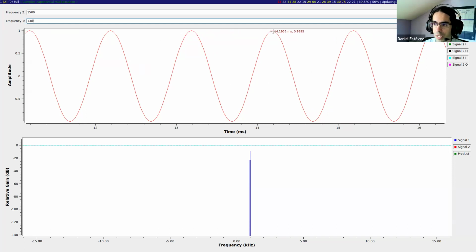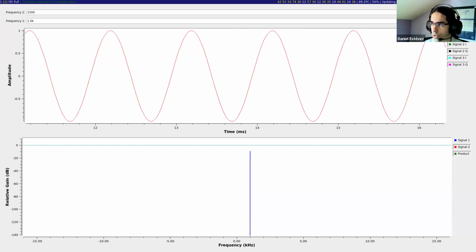This is why physically frequencies make sense only as positive numbers. The period is the distance between peaks. So here it is 1 millisecond. It needs to be a positive number, and the frequency is the inverse of the period, so it needs to be a positive number.